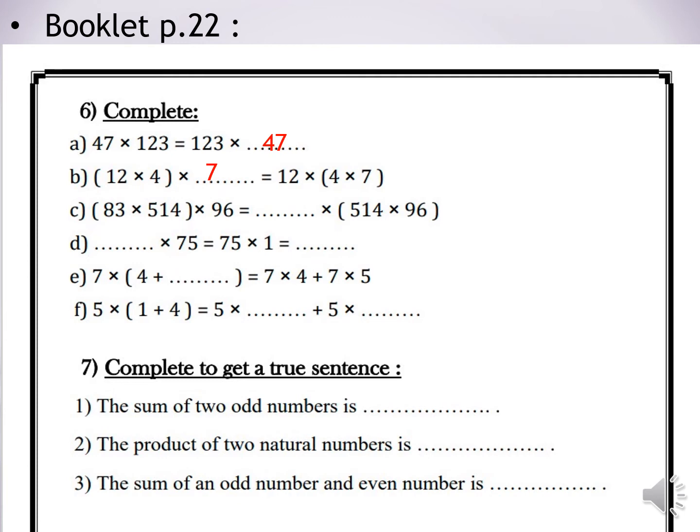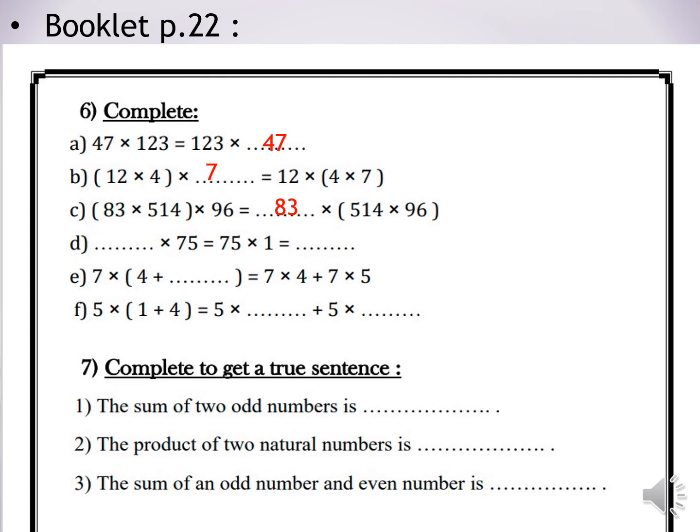So it will be 83. 83 times 514 times 96 equals 83 times 514 times 96. This is the associative property.